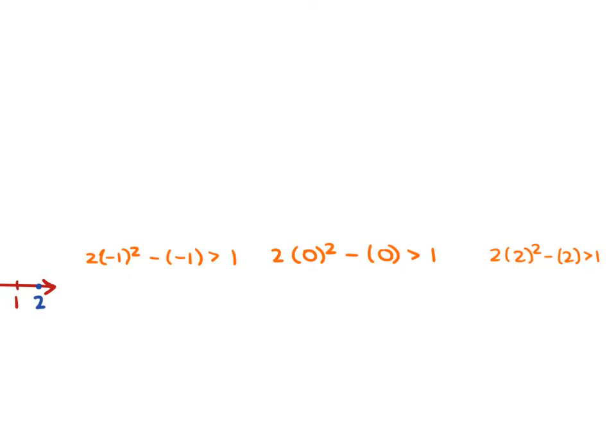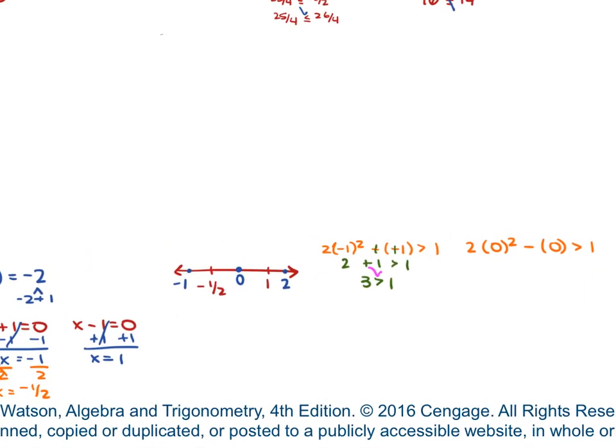From here, the 2 times negative 1 squared, the negative 1 squared is 1, times 2 is just 2. The opposite of negative 1 is 1. It's greater than 1. So 2 plus 1 is 3 is greater than 1. That works. So this would be shaded or have a line over it.